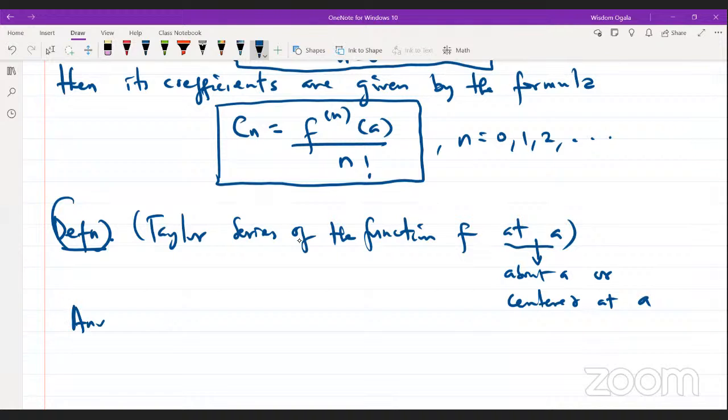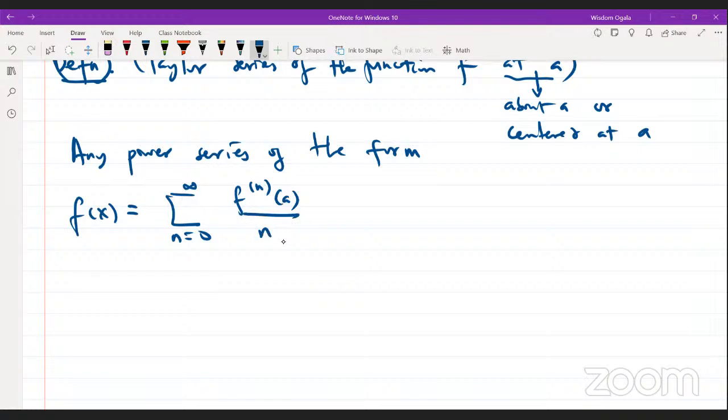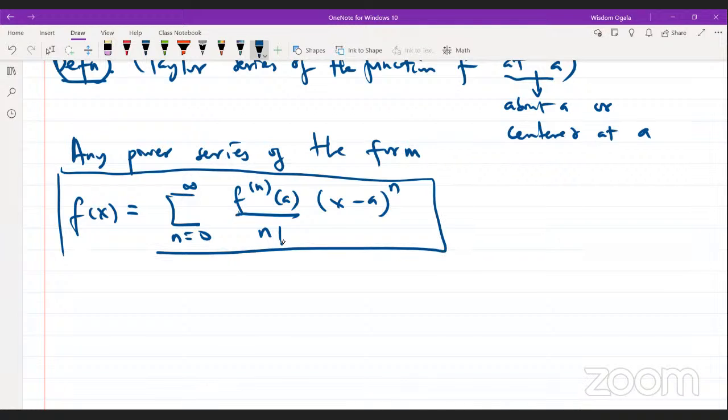Okay, so any power series of the form f of x equals the sum of this guy divided by n factorial times x minus a to the power of n is a Taylor series expansion. If you don't like it in sigma notation, let's split things out.